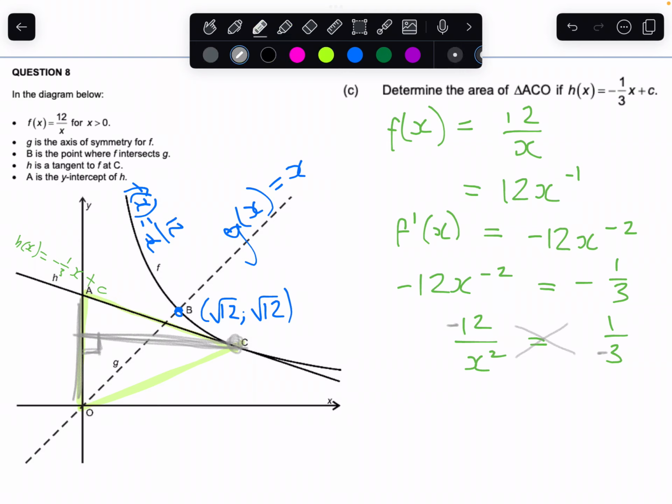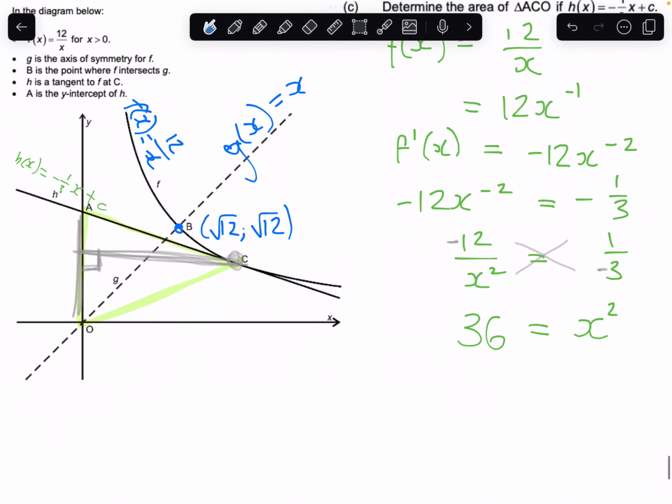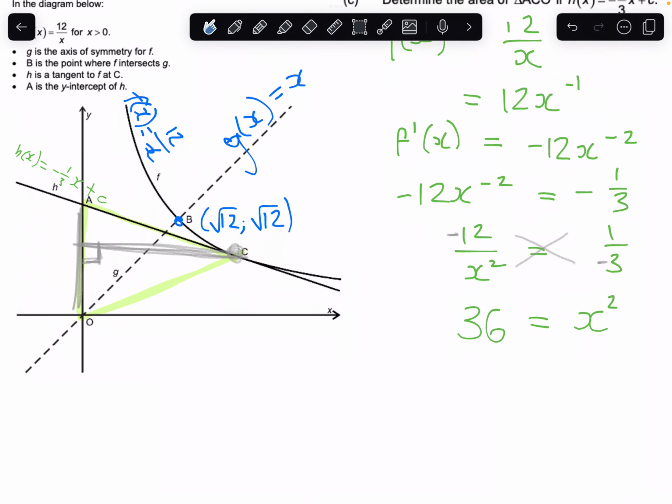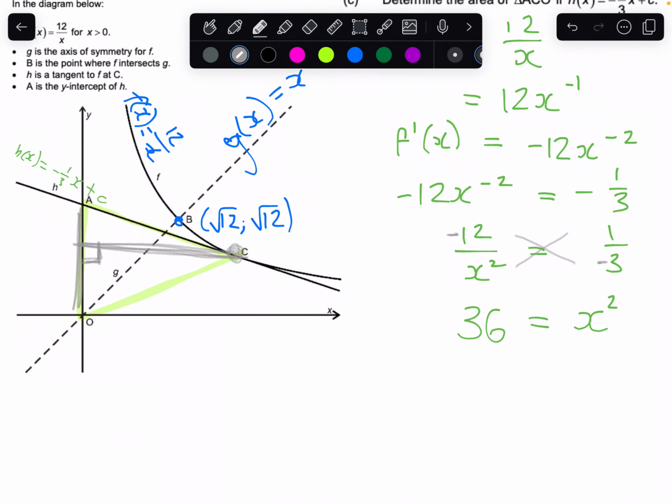So that would be positive 36. So positive 36 is equal to x squared, right? And so we can take the square root on both sides. Again, we have to consider the positive and the negative possibility. So x could be plus or minus 6.